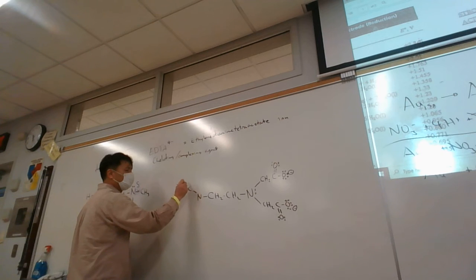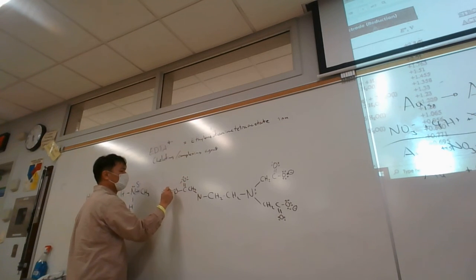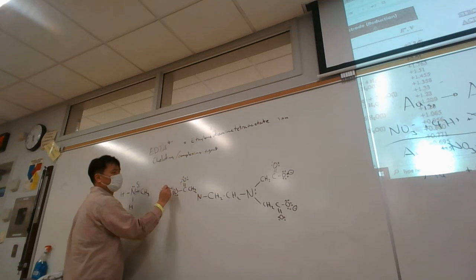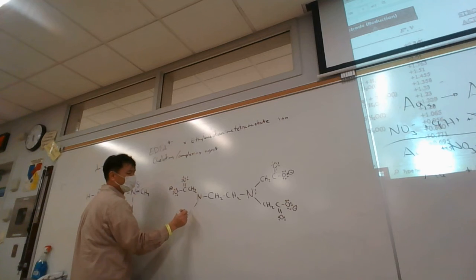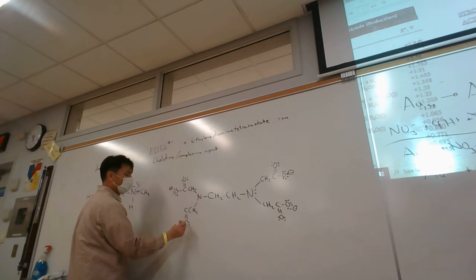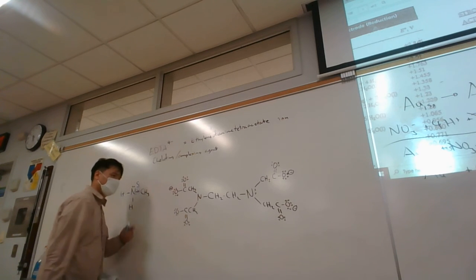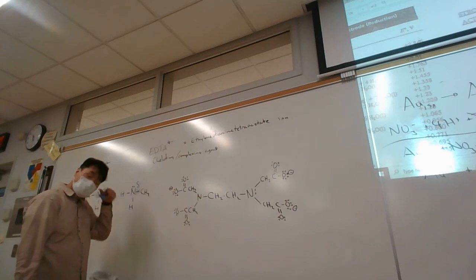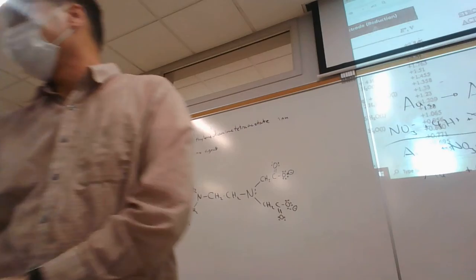Now we're going to have a third acetate group here, CH2, C double bond O, O minus. 3 acetate groups, and then the 4th acetate group we'll put down here, CH2, CO, O minus. So this is the ethylene diamine tetraacetate ion, or EDTA.